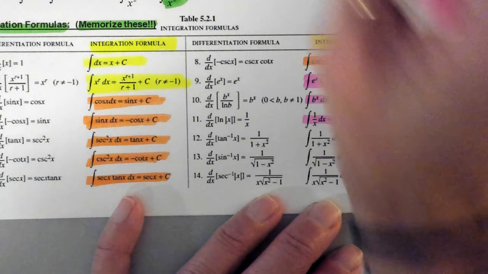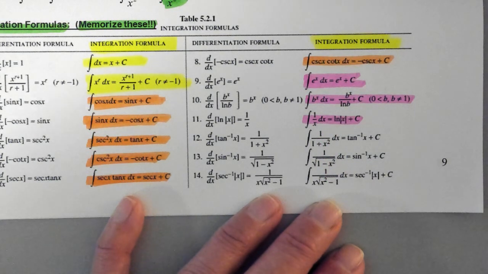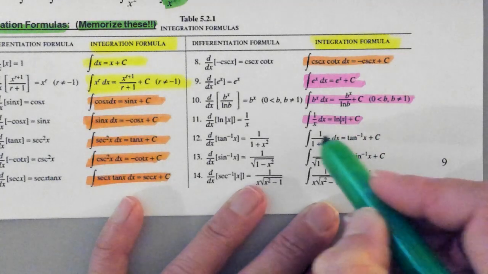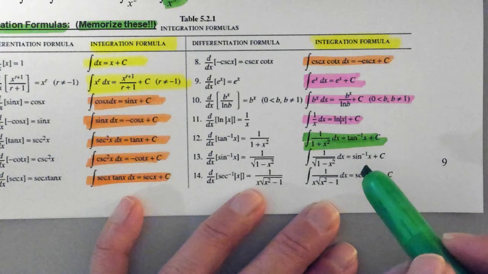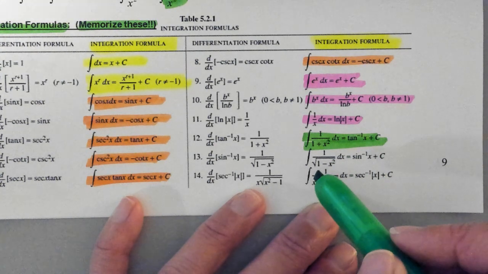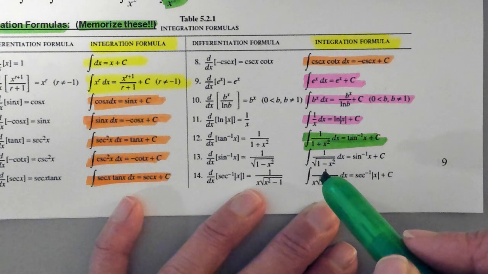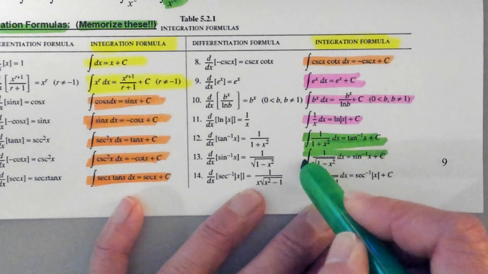And then your inverse trig functions. Here, this is the integral of 1 plus x squared. It's our inverse tangent. Remember I told you that inverse tangent and inverse sine are the most common ones that you'll see. So here's inverse sine.